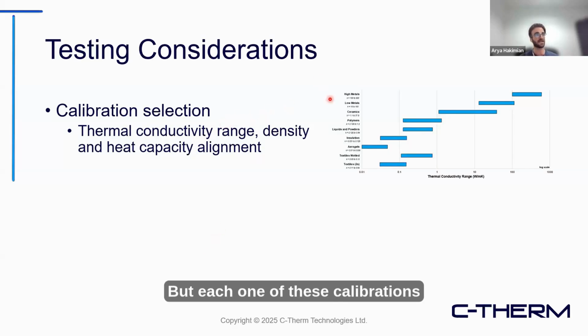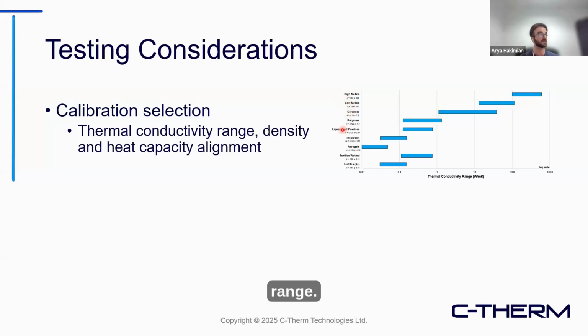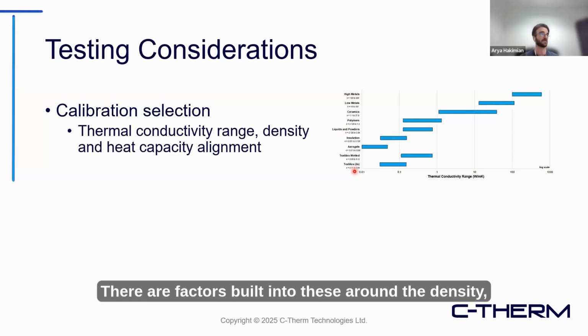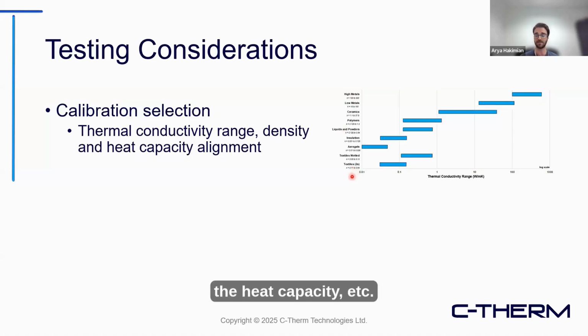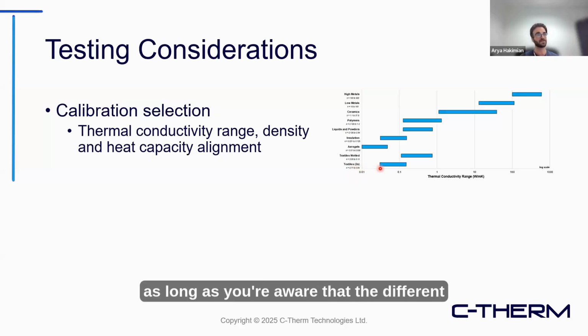But each one of these calibrations comes with a specified performance range. There are factors built into these around the density, the heat capacity, etc. But overall, as long as you're aware that the different calibrations exist to accommodate different ranges, you'll be able to source one that will match your material of interest.